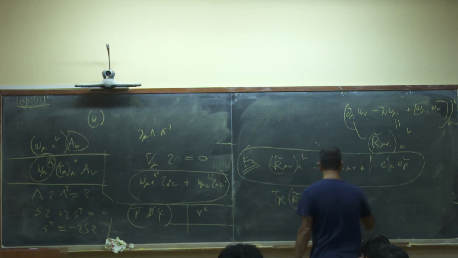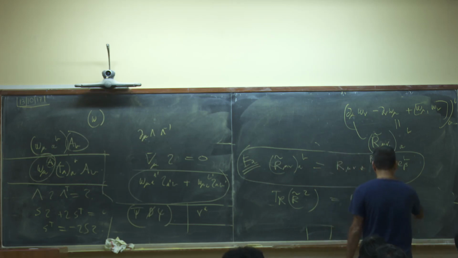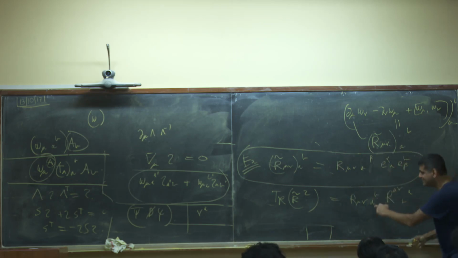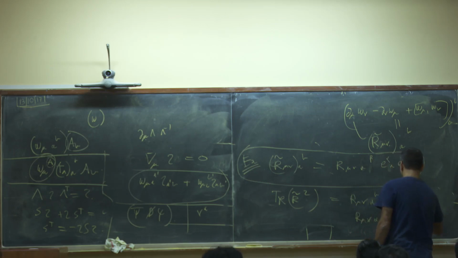This by definition is R mu nu AB, R mu nu, that's just raised, R mu nu BA. And then by inserting the appropriate e's, this is just R mu nu alpha beta R mu nu alpha beta.